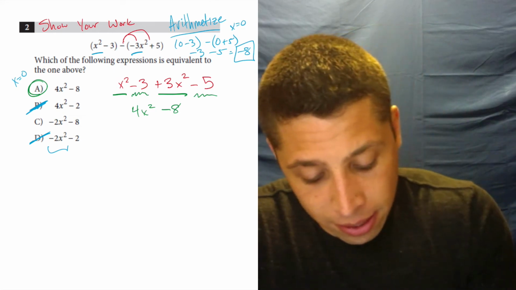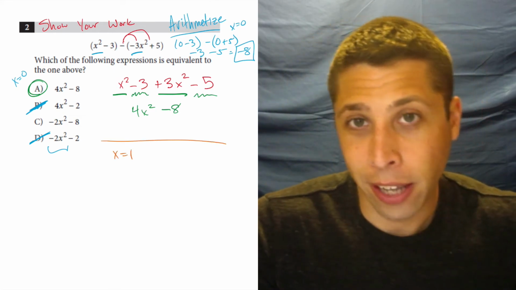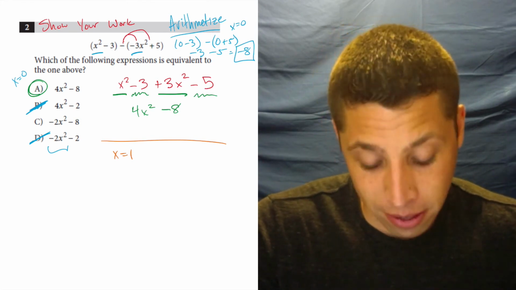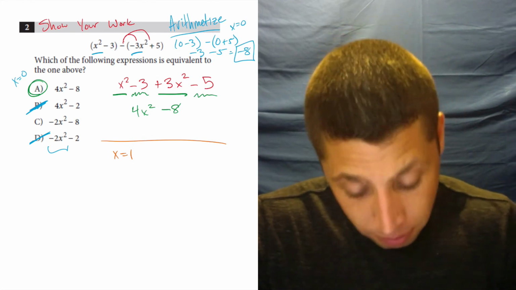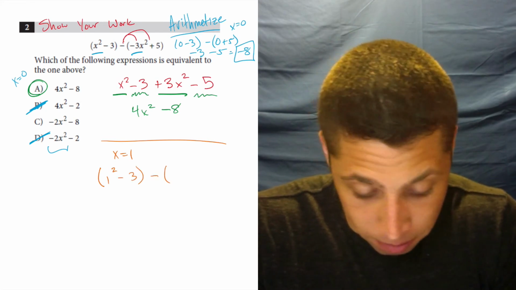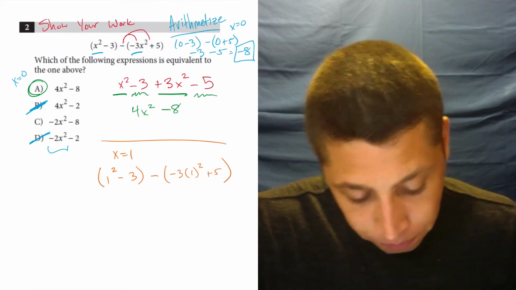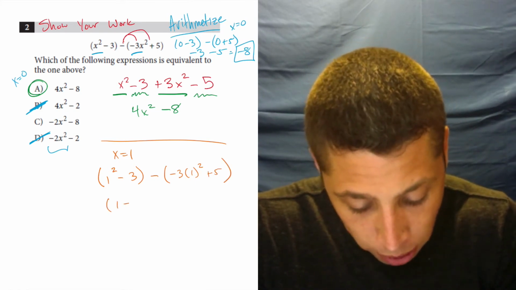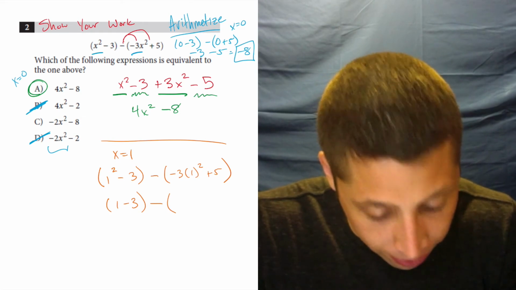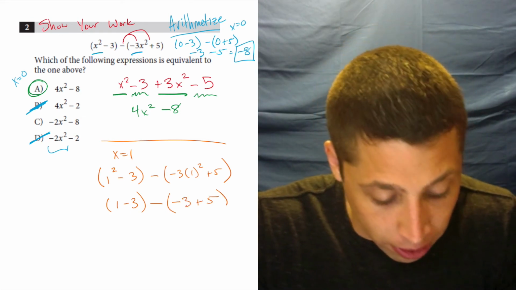And then the second step would just be to pick the next easiest number and try it in the two choices that are left. So if I switched to 1, now my original expression is 1 squared minus 3 minus negative 3 times 1 squared plus 5. Well, 1 squared is 1. And then 1 squared is 1 times negative 3 is just negative 3 plus 5.